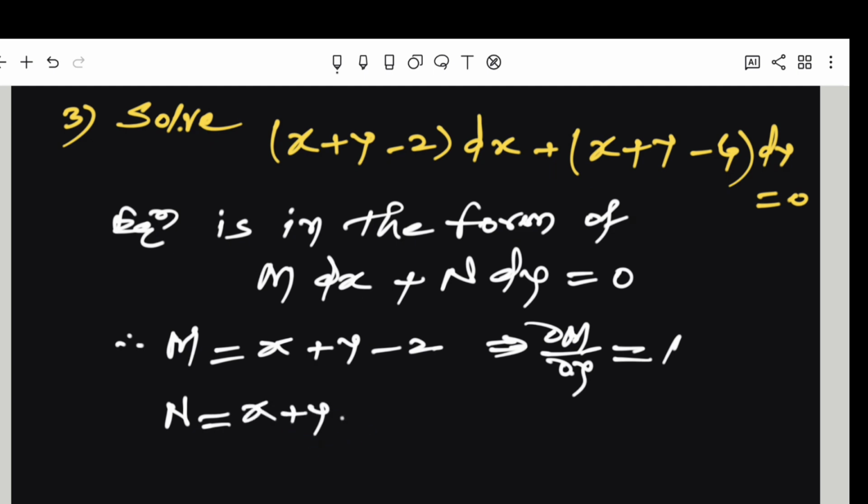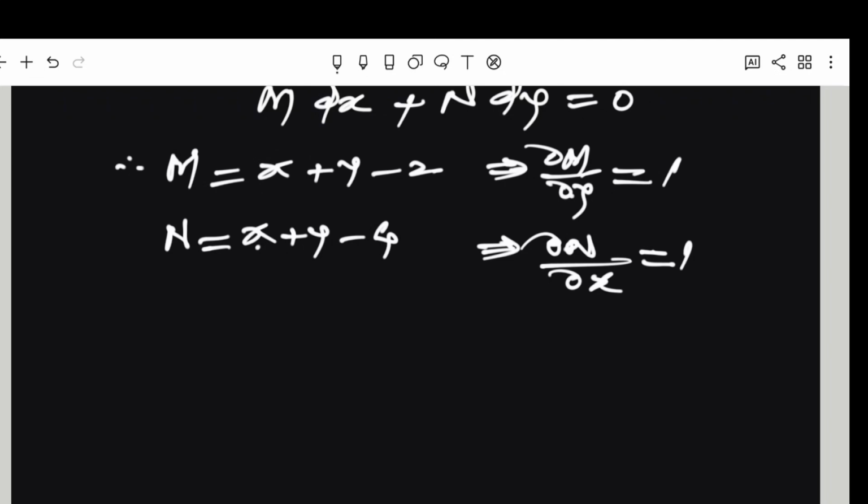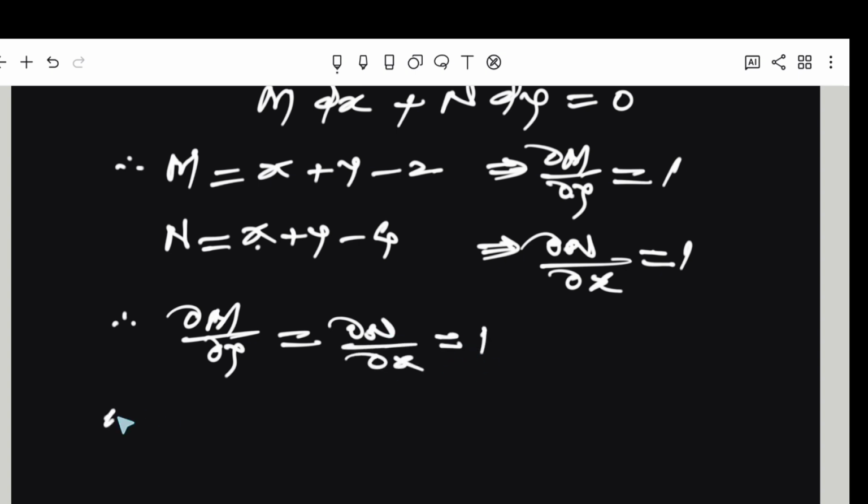N is the coefficient of dy, x plus y minus 4, and differentiation of that with respect to x is also 1, and therefore the values are equal. Dou m by dou y is equal to dou n by dou x, means the equation is exact. Therefore the equation is an exact differential equation.